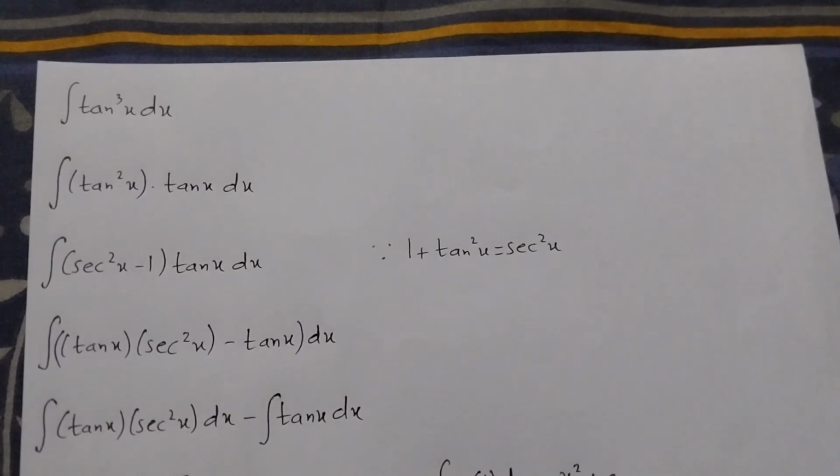And we are integrating this whole expression with respect to x. So we can see that in the first term we have tan of x into secant square of x. We can easily integrate this term because we have a function tan of x, and its derivative is written right next to it, which is secant square of x.